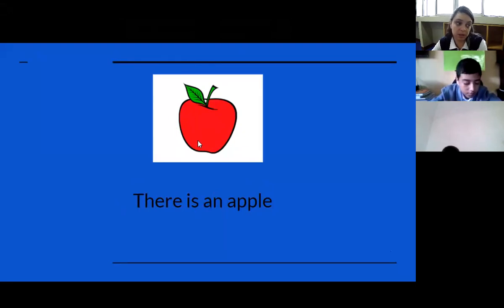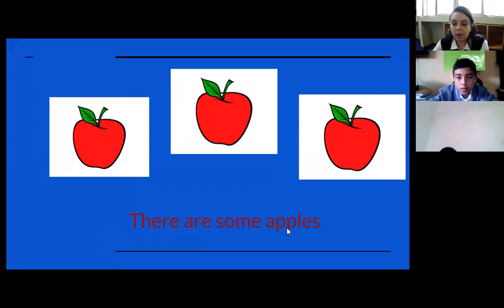We are going to use is when we are talking about one specific thing. And there are some apples, or there are 3 apples when it's plural, right? When you can identify that there are a lot of things, or things that you can count that are more than 1, we use there are. In this case, there are 3 apples.